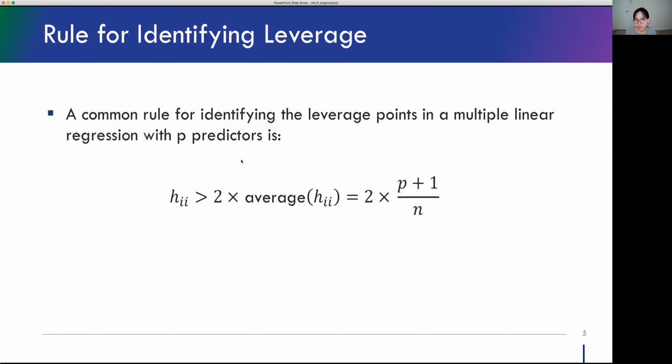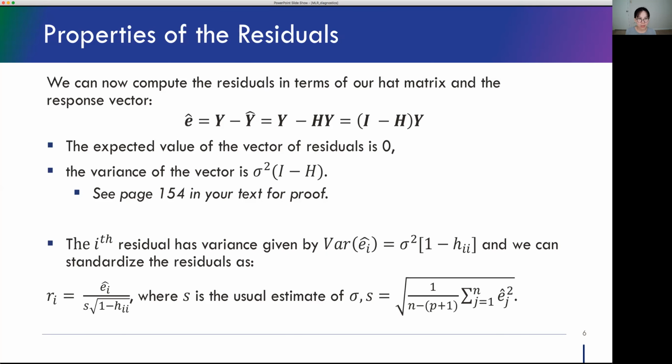And for multiple linear regression, when we have p predictors, this average is p plus 1 divided by n. Don't forget, we have 2 times this whole thing. So if hii is greater than this value, we would say it's a leverage point. Okay, that's for the leverage part.